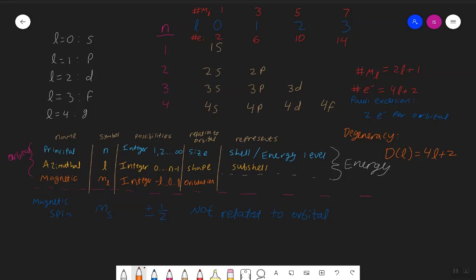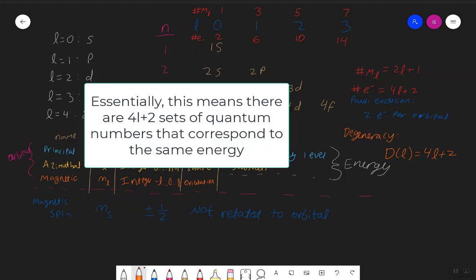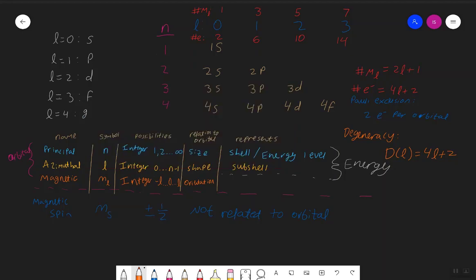A quantum state, again, is the set of quantum numbers that have the same energy. So if you have L equals 2, then you have 10 sets of quantum numbers that have the same energy, because then you have 5 different ML values and then 2 MS values for each of those. So that's the degeneracy, the number of quantum states that have the same energy.